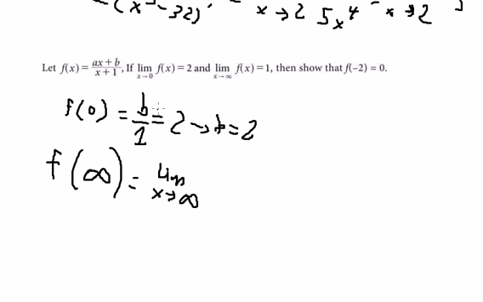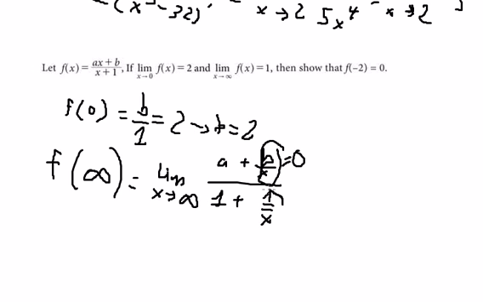we can write a plus b over s and 1 over s, because we divide s on the numerator and denominator. If s goes to positive infinity, these two terms go to 0.